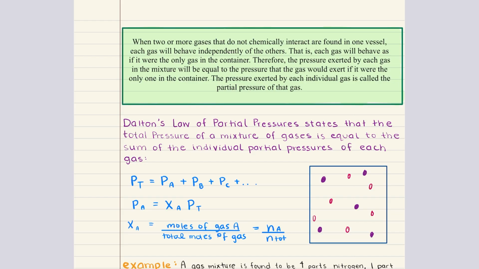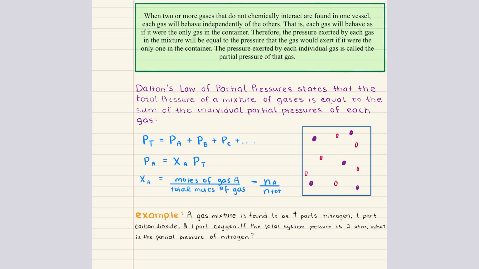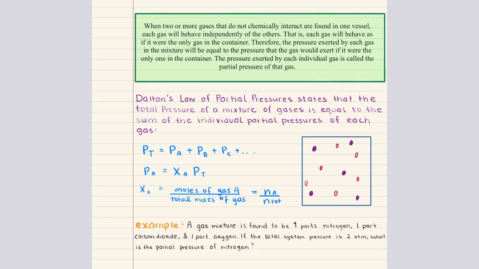Now that we've explored the ideal gas law and its applications, let's take a closer look at what happens when we have a mixture of gases. Many real-world systems contain multiple gases that do not react with each other, like the air that we breathe. It's a mixture of nitrogen gas, oxygen gas, and other trace gases. When gases are mixed in a container, then, how do we determine the contribution of each gas to the total pressure?